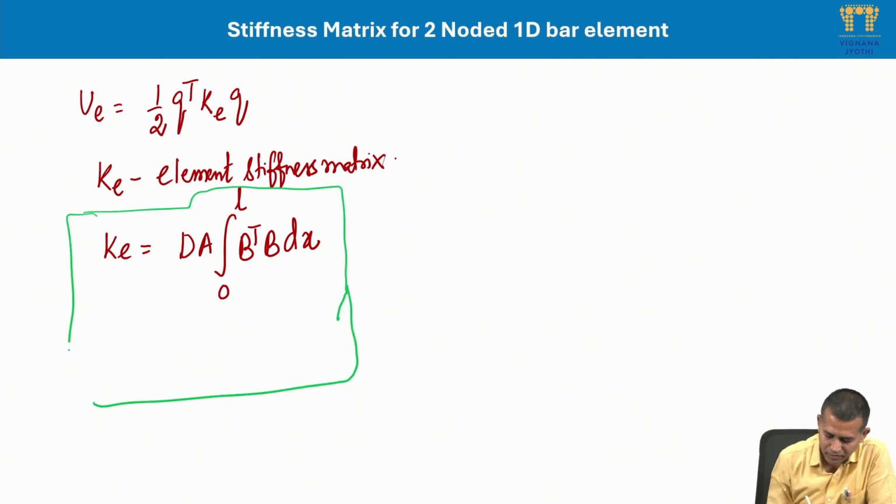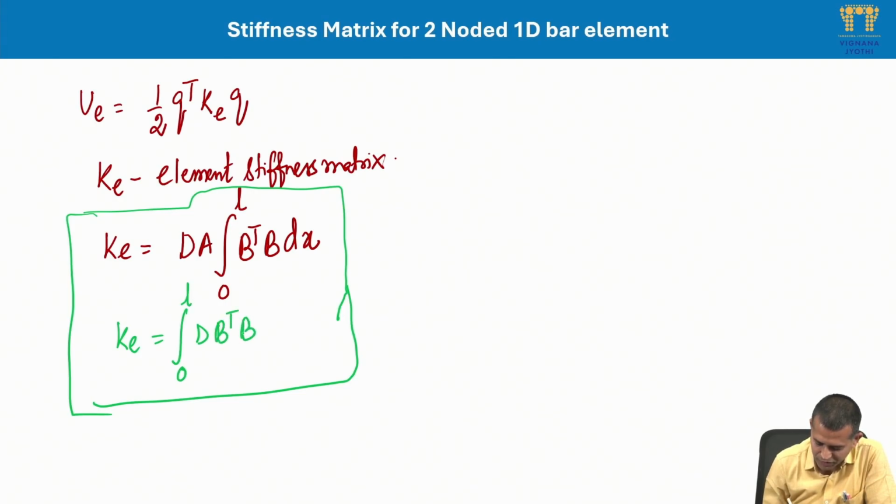I'll write it in a better way also, because here I converted this dV into dx. If you don't convert it, it is simply in the form of D. Let me put them all in. So D into B transpose into B into A into dx means it is dV.